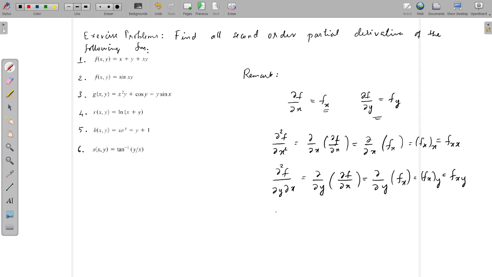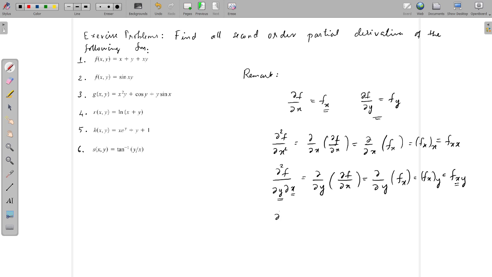Okay, so this is another notation for d square f by dy dx. Here the order is dy dx, so first differentiate with respect to x, then with respect to y. So you must note that here the order is different. If you are about to evaluate fxy, you need to differentiate f with respect to x first, then y. Here the order is from left to right. In the other notation, first you differentiate with respect to x, then with respect to y, so from right to left.